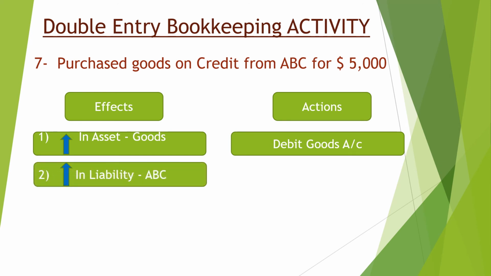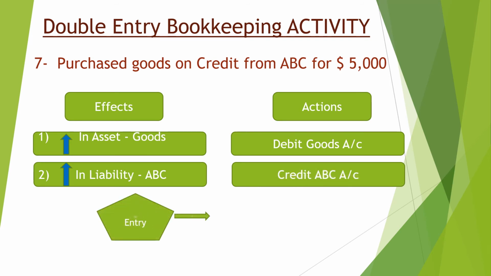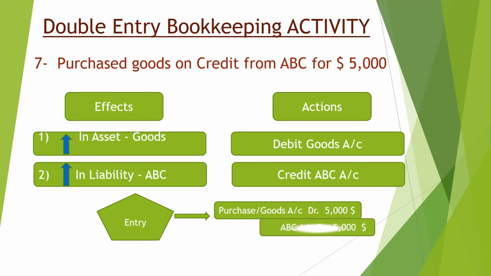The second effect is increase in liability. So ABC is a liability, so we credit the ABC account, and the final entry would be purchase goods account debit by 5,000 and ABC account credit by 5,000.